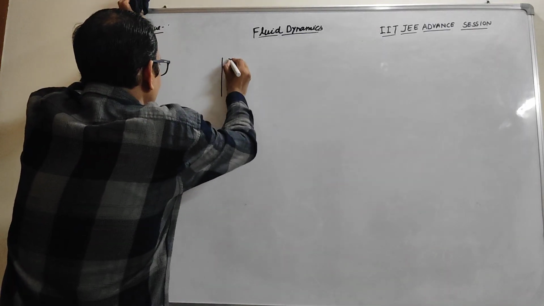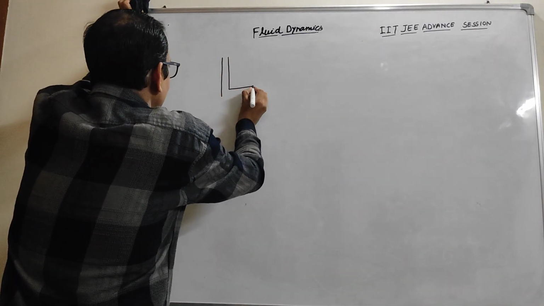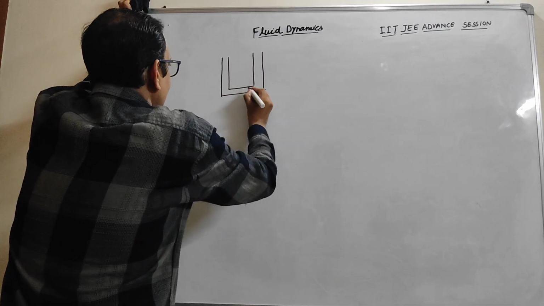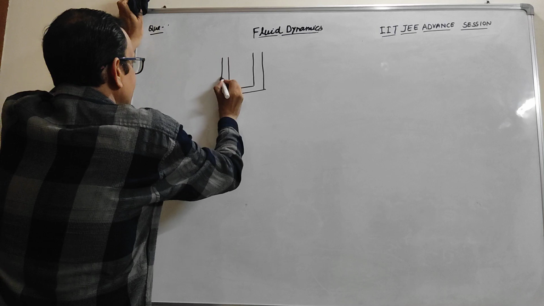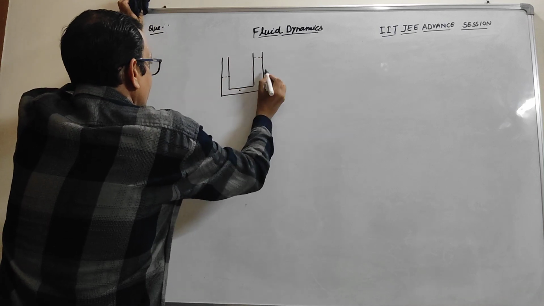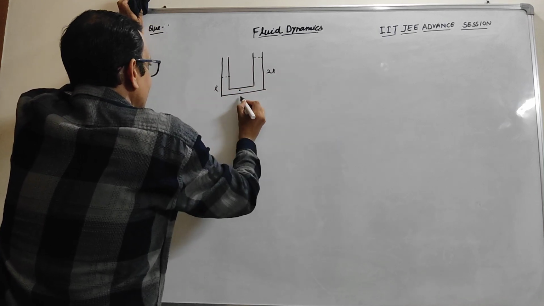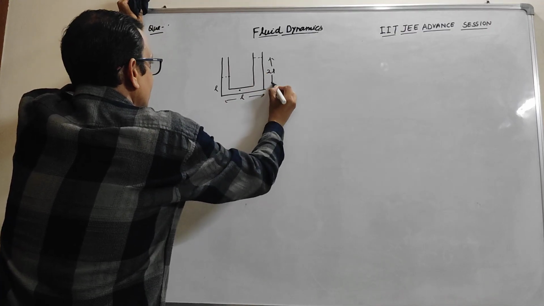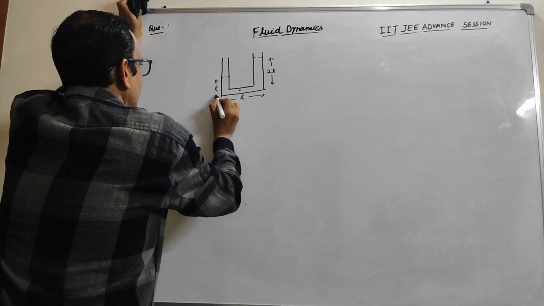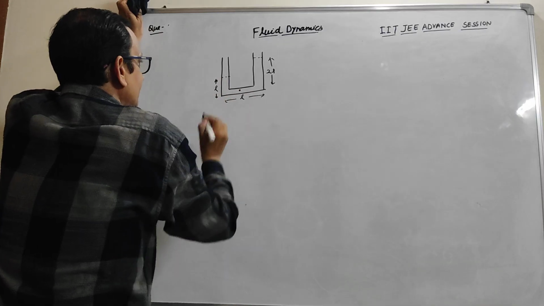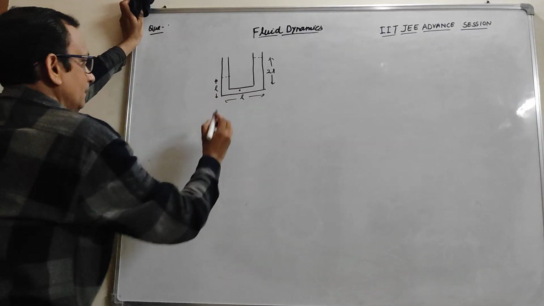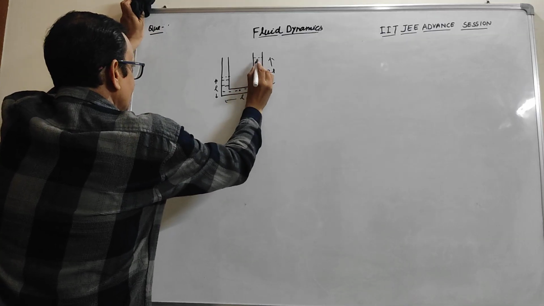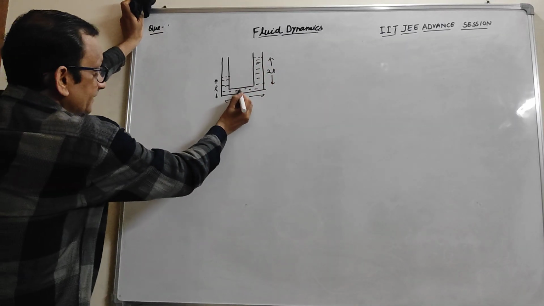So the scenario is here, and we have to find here the gauge pressure. This length is 2L, this length is L, this length is L, this length is 2L. This liquid is filled. How do we calculate the gauge pressure here?